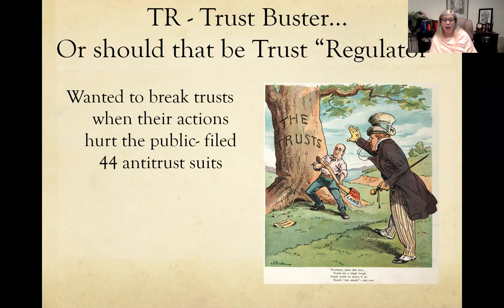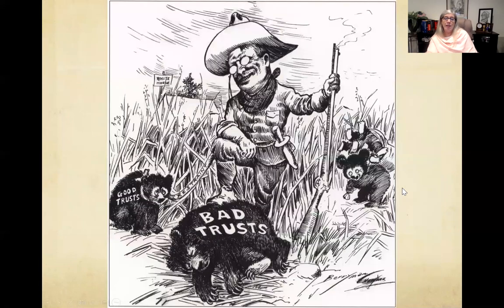So please keep in mind that he's going much more so than Republicans had ever done before in regulating the business, but he's doing it in a way that is not going to destroy every big business. Okay. So he is going to bust 44 of the trusts during his tenure in office. Okay. So here's his distinction between good trust and bad trust. And notice this cartoon.